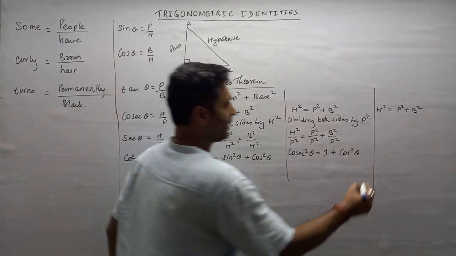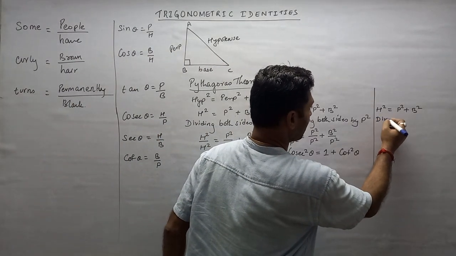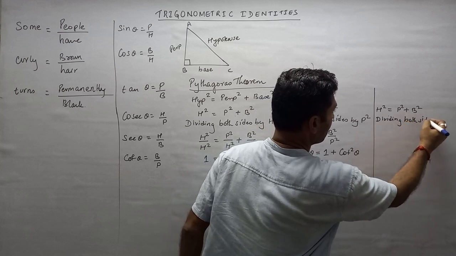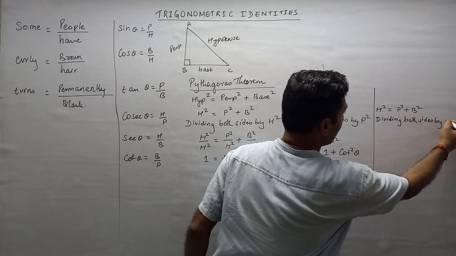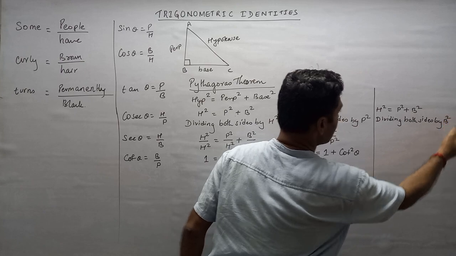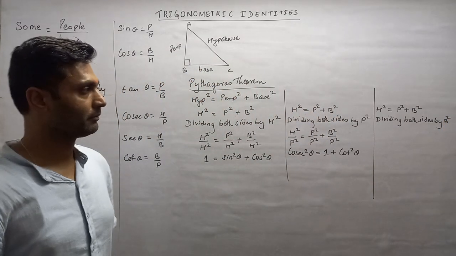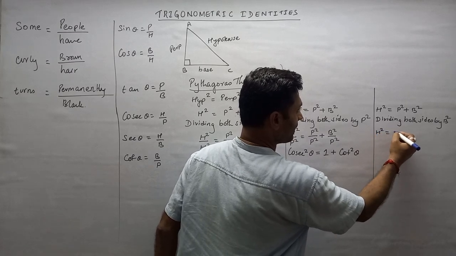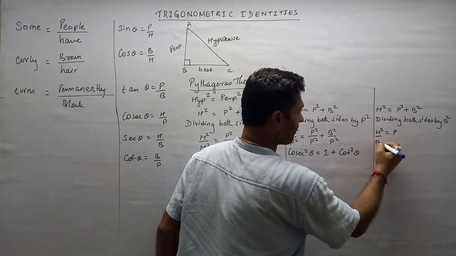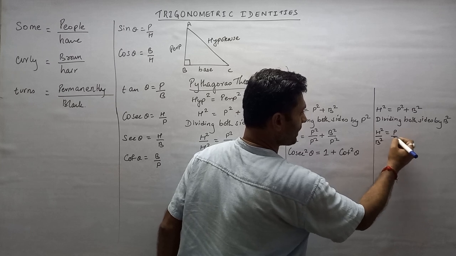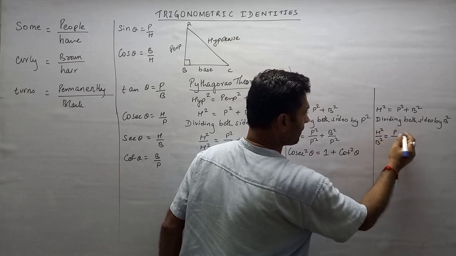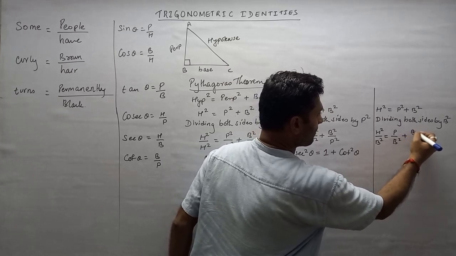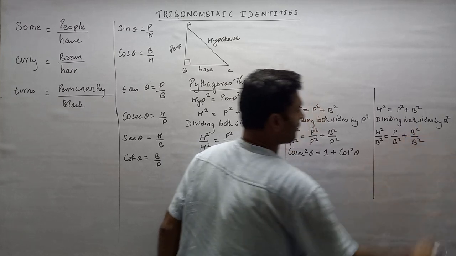So I will be dividing both sides by b square. So what we get here, h square divided by b square equals p square by b square plus b square by b square.